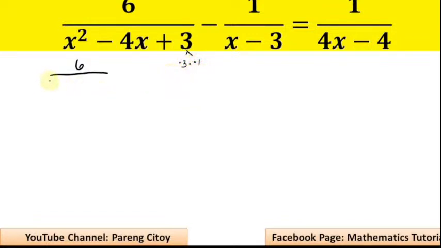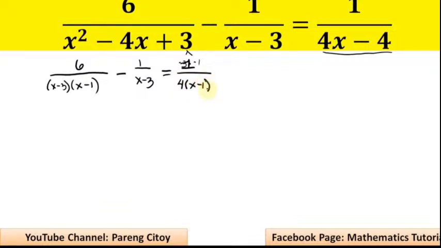So our factor is x minus 3 times x minus 1, subtract 1 over x minus 3 equals 1 over, ito pwede natin ma-simplify, so that is 4 times x minus 1.